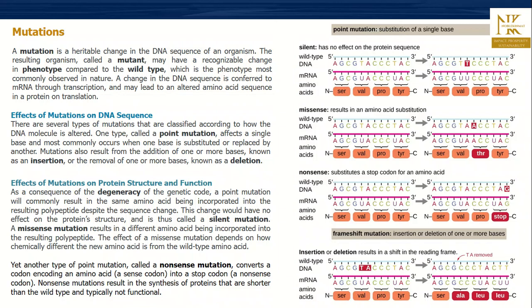Then we have another one called insertion, whereby one or more bases are inserted into the gene. Or one or more bases are removed from the codon, and that is called a deletion mutation. So that means we have three types: point mutation, insertion, and deletion.